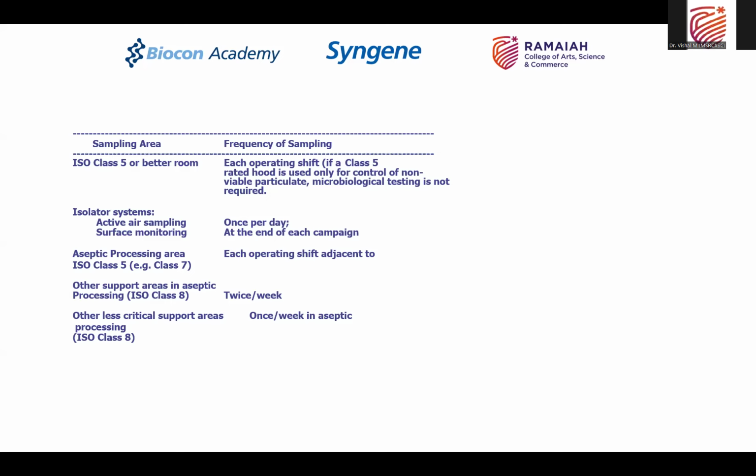If it is more than 100, that means it is contaminated. Remember, I told you last class. If it is a class 5, in a hood, in a biosafety cabinet, it is called ISO class 5. That means not more than 5 particles should be present in that biosafety cabinet.